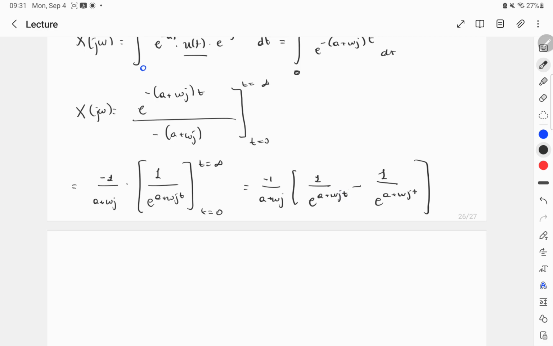Here, if we write t equals infinity, it will give us 0, right? This one will go to 0. And here, if we write 0, then if we multiply it with 0, we multiplied it, so it will give us 1, right?